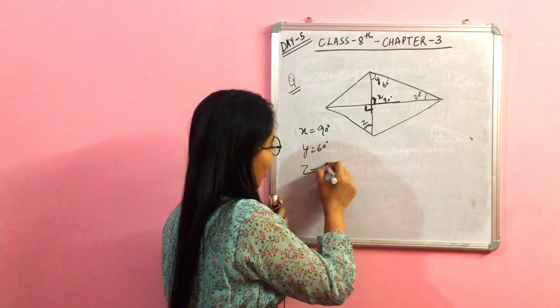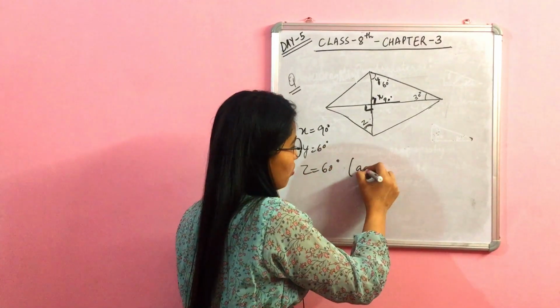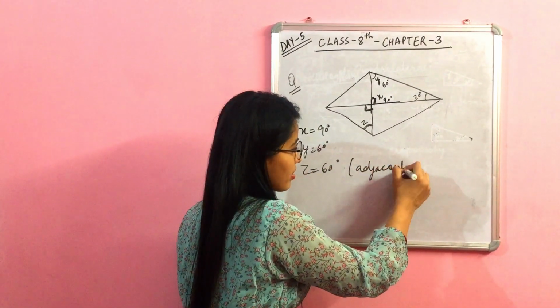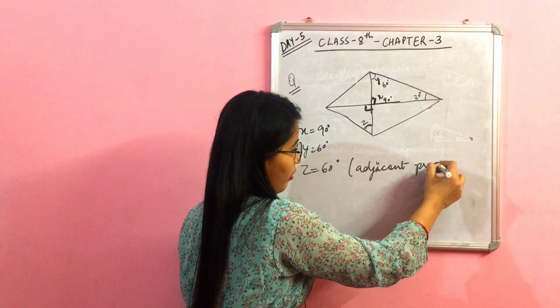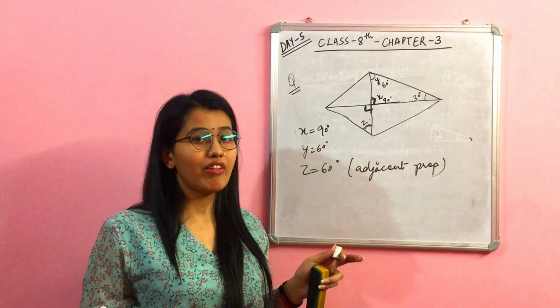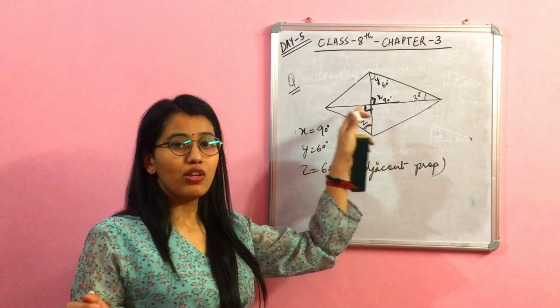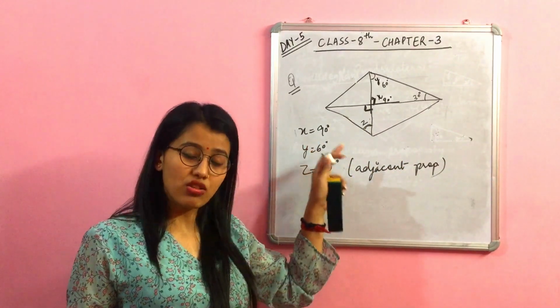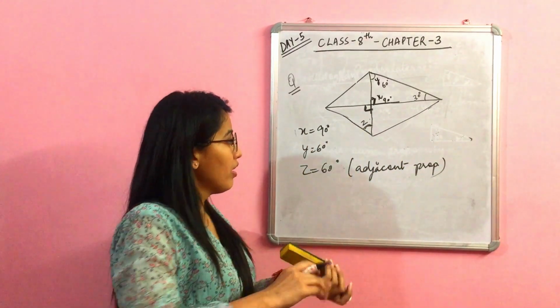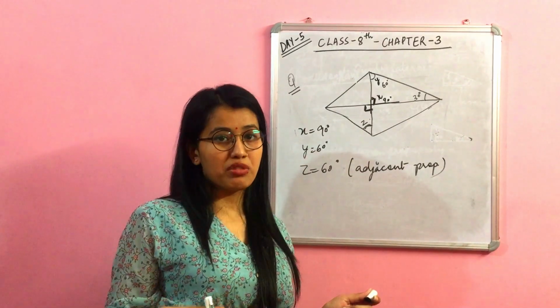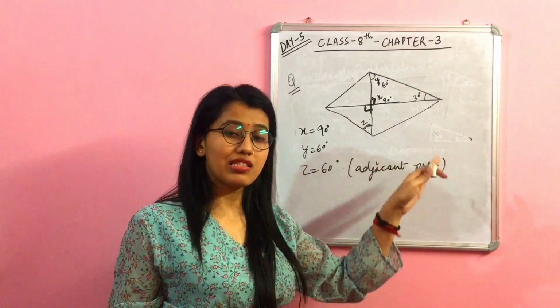So we can also write z is equal to 60 degrees by the adjacent property. Okay, so this is how we can solve for the angles of any parallelogram, with the different properties: the adjacent property and the angle sum property.